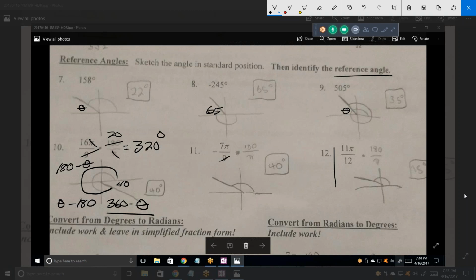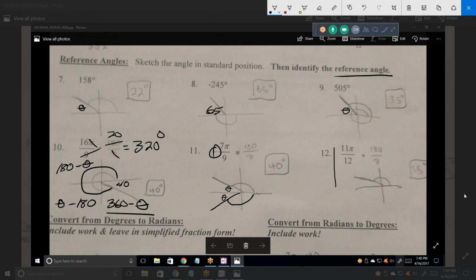Okay, so over here we got what? 140 degrees. Looks like it should be negative. Am I mistaken? See that negative sign right there? Oh. Okay, so all you did was go the wrong way. That's okay. So that's what your ray should have looked like. Turns out the reference angle is going to be the same, whether you went the right way or the wrong way.